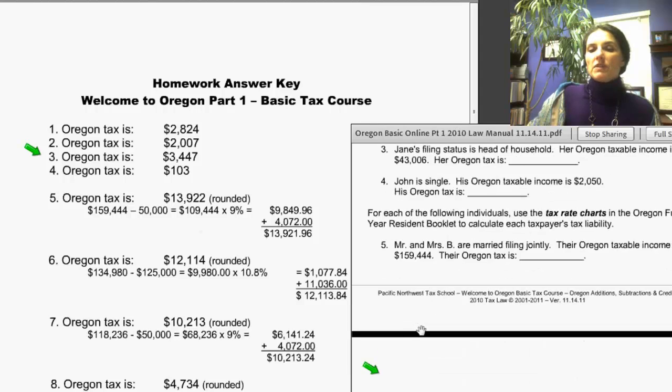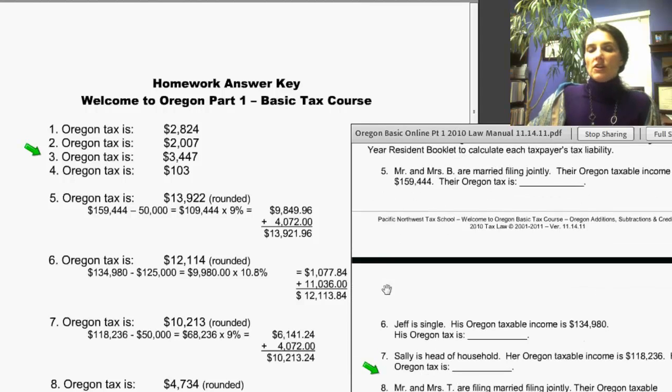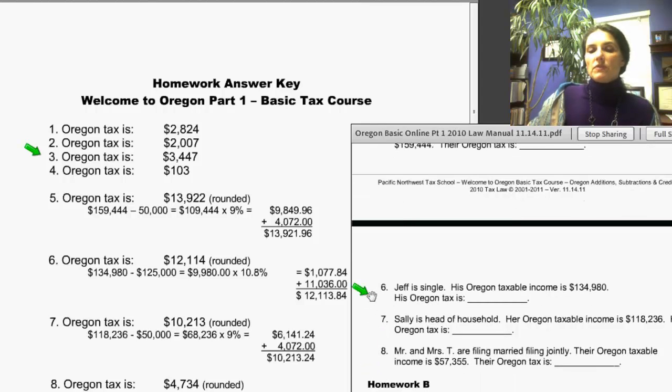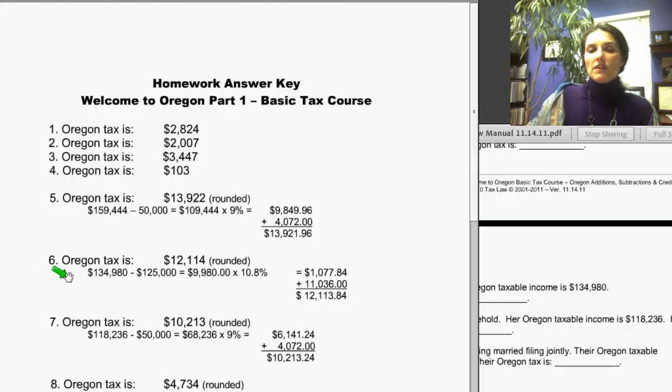The next part of the homework assignment is to use the tax rate charts, and I already showed you at the end of last session how to figure the tax for question number 5. So we'll begin with question number 6. Jeff is single. His Oregon taxable income is $134,980, and to figure his tax, you begin with $134,980 and subtract out the threshold amount of $125,000.